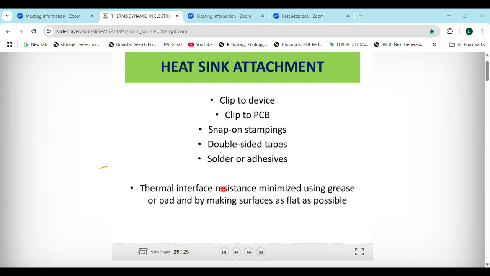We studied component selection, schematic and PCB design, thermal management, EMI, ESD protection, and system level integration. This course also provides a bridge between theoretical electronics and real world design practices, and we saw it with examples only, not on any software tool.